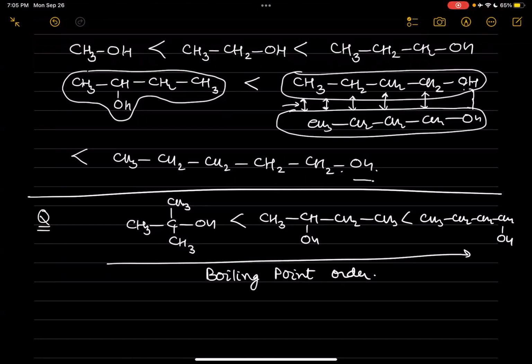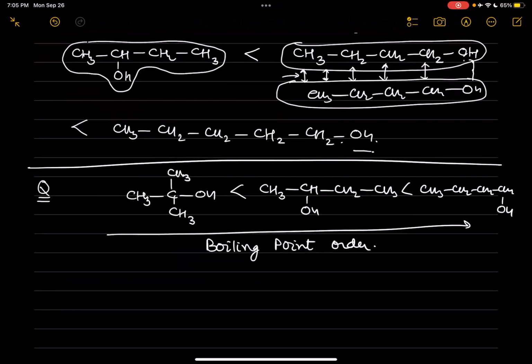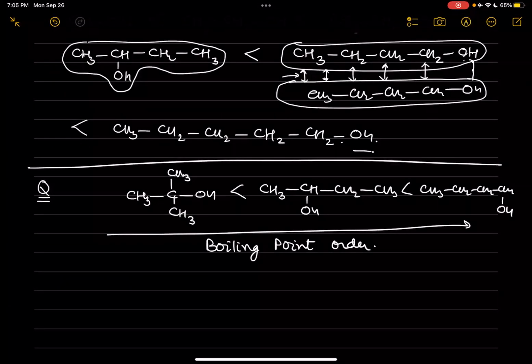Yes, sir. Is it clear? I have a doubt. How do we know if it's primary, secondary, or tertiary? You need to look at the carbon atom which is directly connected to oxygen, OH.